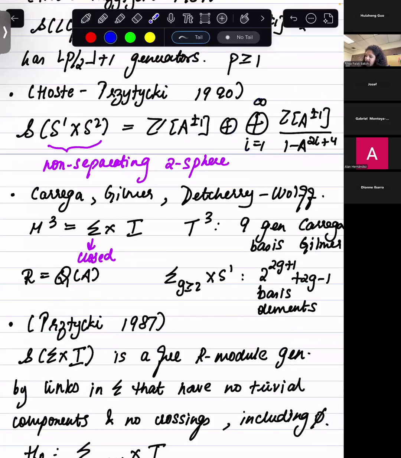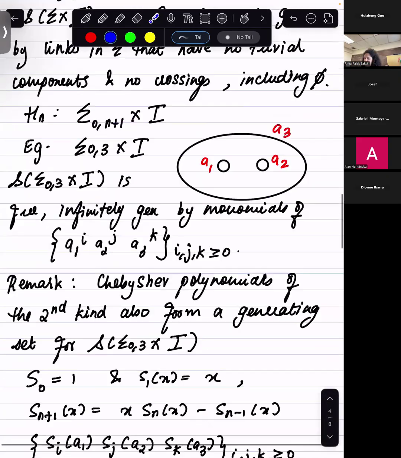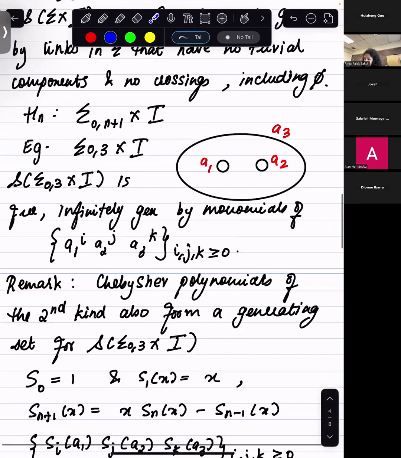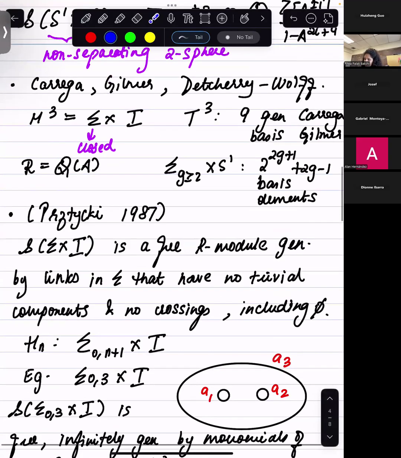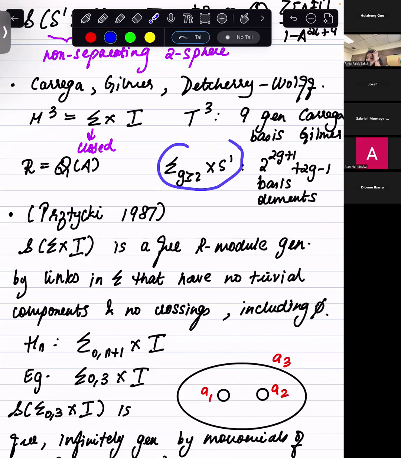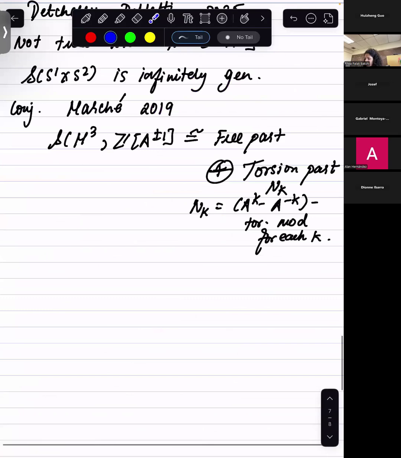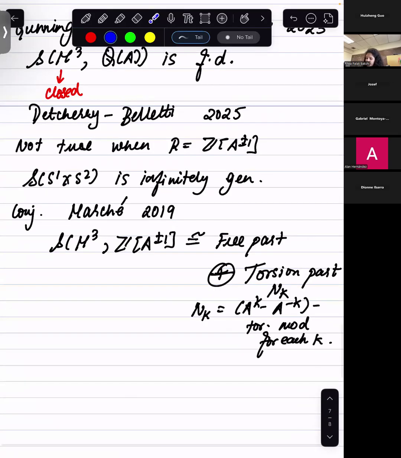So it has this infinitely generated torsion part of the form a^k minus a^(-k), a byproduct of the proof of Cherry and Wolf. So their work on the products of closed surfaces with S1 shows that the Skein module of these three-manifolds also has torsion of this form. So they were able to do it for closed surfaces times S1.